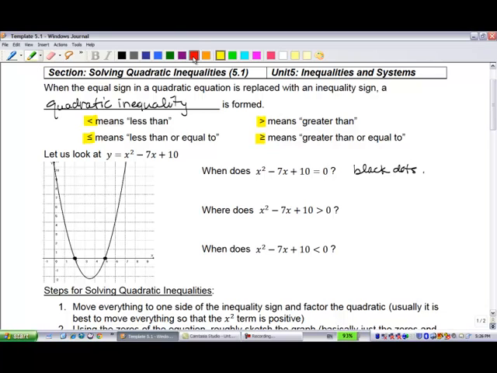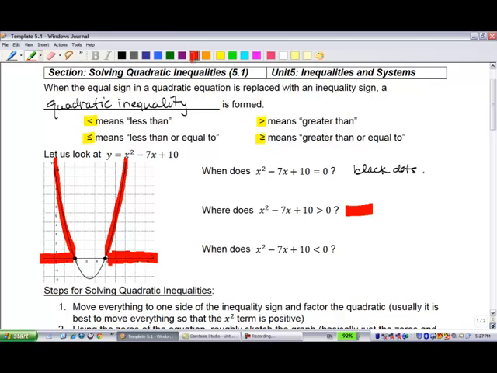Let me switch to a highlighter here now. Where is x squared minus 7x plus 10 bigger than 0? So where is it greater or higher than all the y values of 0? The y values bigger than 0 are along that curve above, and if I mash that down onto the x-axis, we see it's this region outside.